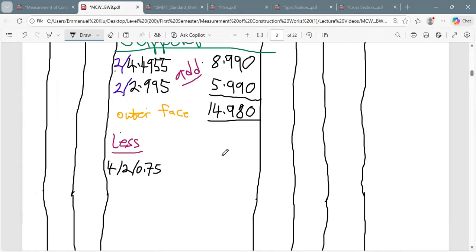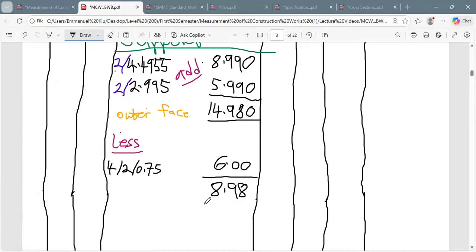At the end of the day, you are going to get 6.00. So if you less this 6.00 from the answer you're having over the top, you're going to get 8.98.